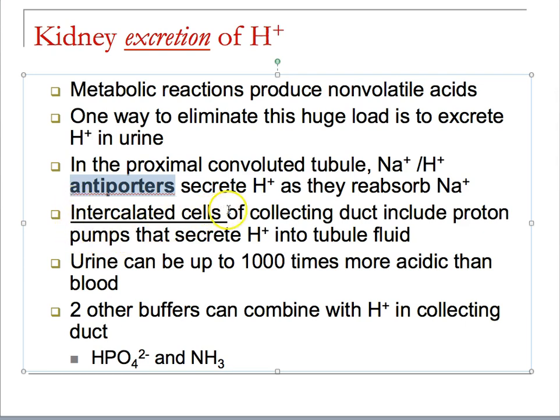Okay. We'll go to the collecting duct, which will also secrete hydrogen protons into the tubule fluid. So your urine can be 1,000 times more acidic than your blood, and the two buffers that are combining with it inside the collecting duct are ammonia and phosphoric acid, nudge, nudge, hint, hint, wink, wink.